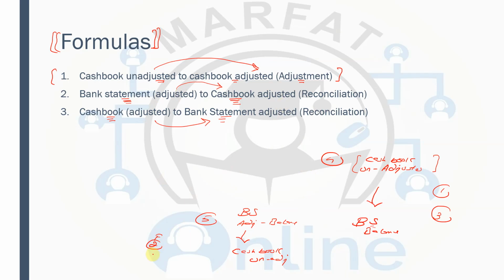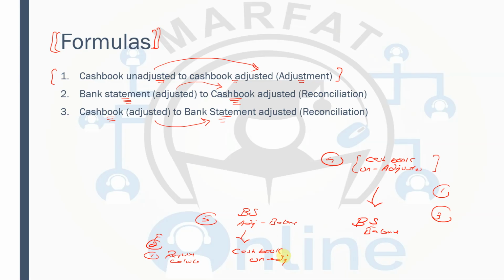Now we will be applying formula number 1 with reverse calculation. Now what is this reverse calculation? You already know it, because in accounting, there are some maths involved. So reverse calculation means that you reverse the formula number 1. The things which are being added will be deducted. The things which are being deducted will be added.